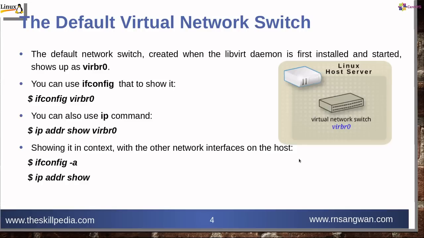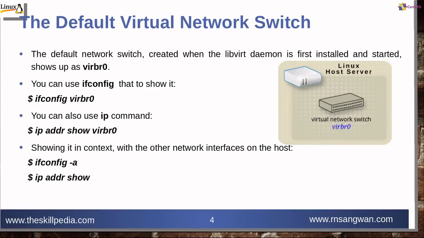The default virtual network switch, created when the libvirt daemon, that is libvirtd, is first installed and started, shows up as virbr0, virtual bridge 0, and you can use ifconfig to show this virtual switch.